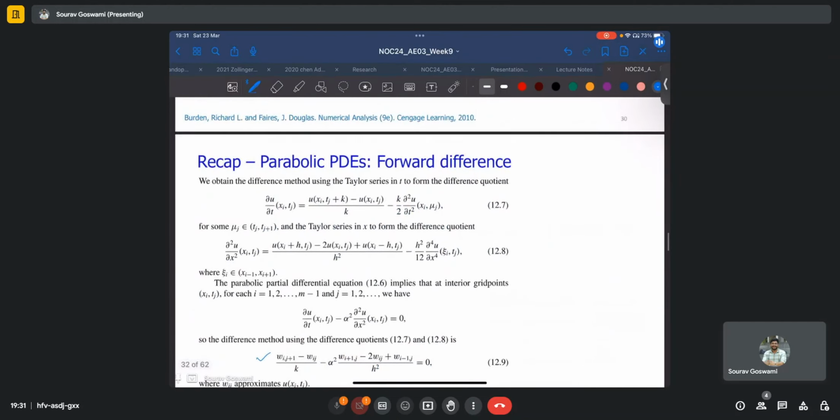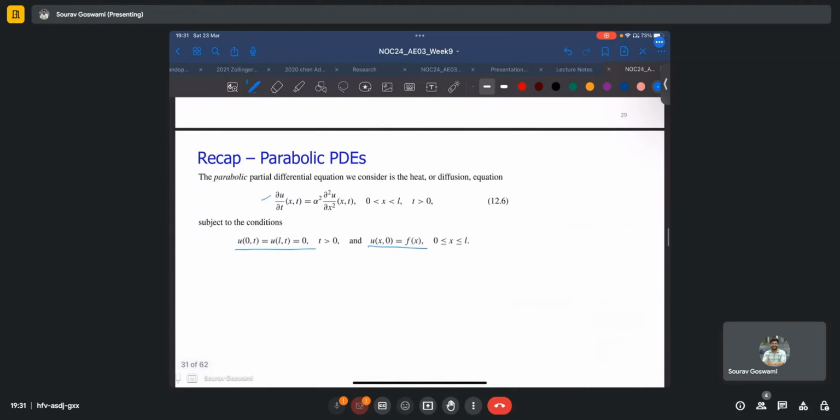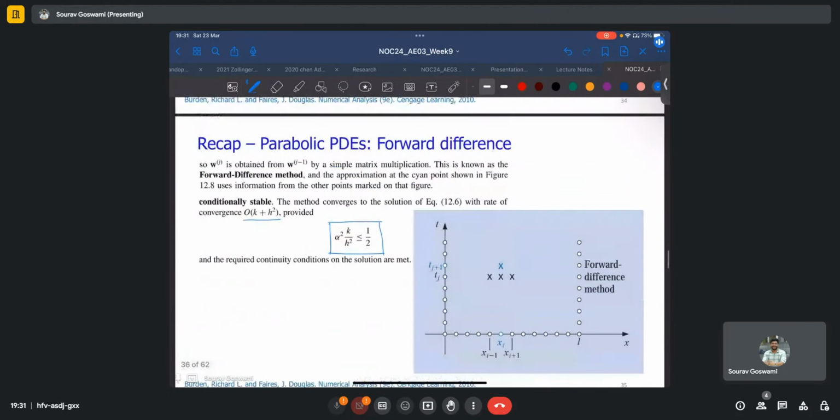Okay, it is defined somewhere, I cannot find it. Oh, alpha squared is from the original heat equation. So the method will be stable only if the product alpha squared k by h squared is less than or equal to half, and of course, the required continuity conditions on the solution are met. If not, the solution will not converge and the method will be unstable.